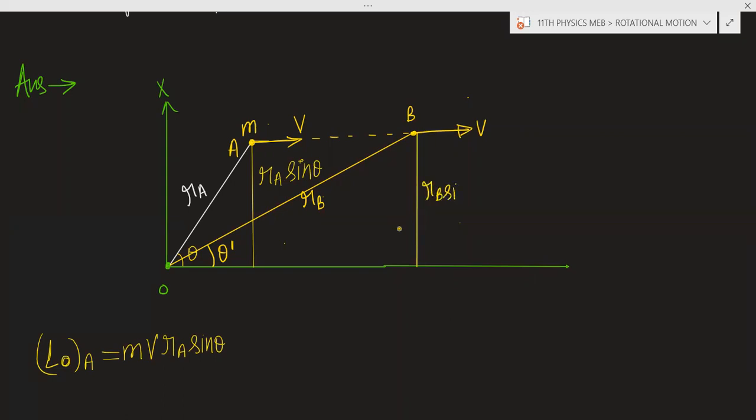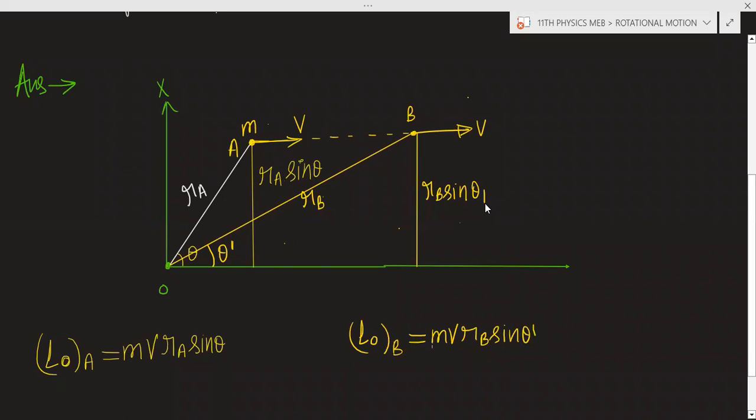Now the angular momentum about O, when the particle is at B, is equal to m into v into RB sine theta dash. This is not theta, this is theta dash.